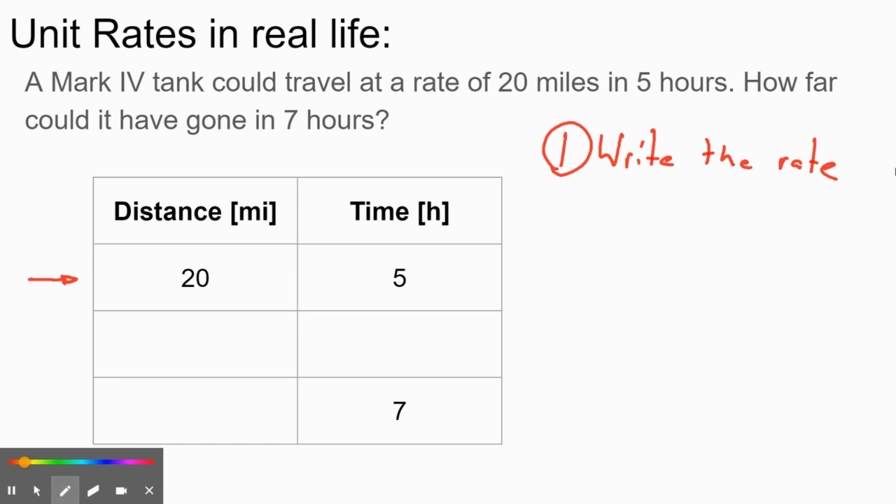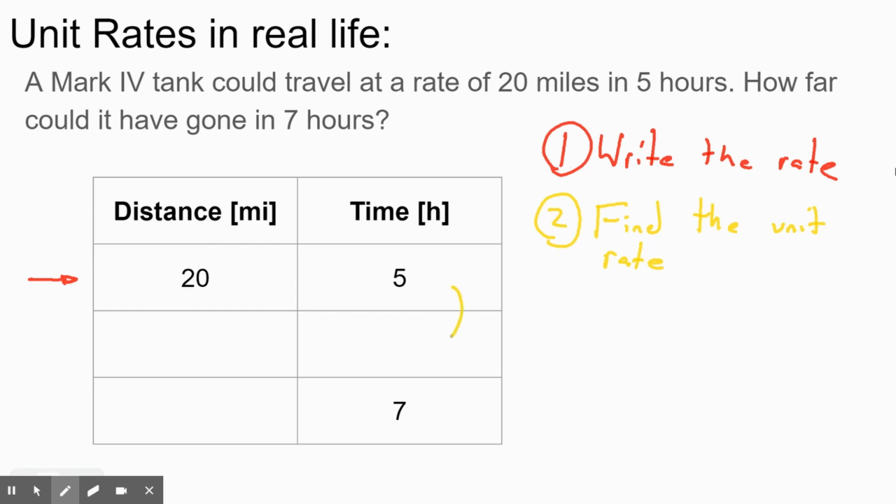Step two would be to find the unit rate. And as we go through this, remember, if you need to pause the video and write any of this down, feel free to pause. So, finding the unit rate, since this is our second term, we are going to divide this by 5.